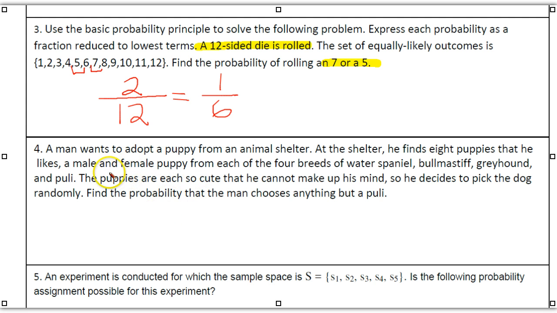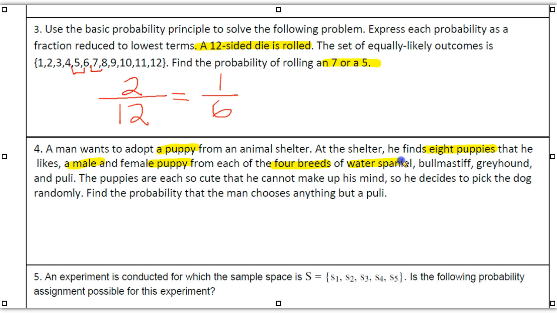For number 4, let's look at that. Puppies, cute, in animal shelters. There are 8 puppies. And there's a male and female puppy of each of 4 breeds.